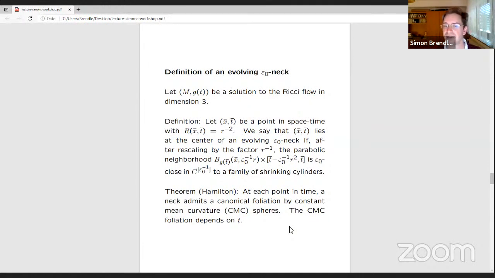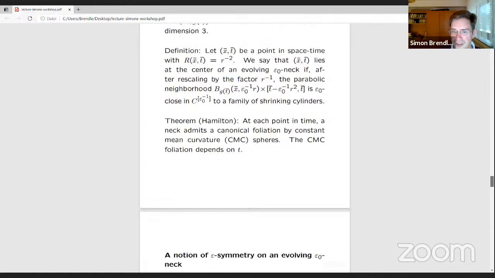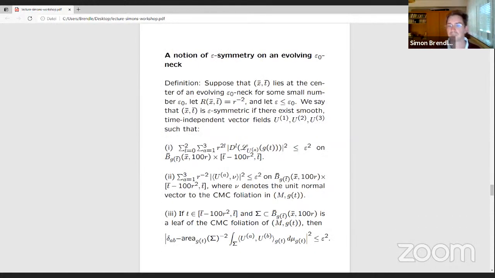That would be a region, a parabolic cylinder that after suitable rescaling is epsilon-0 close in C^(1/epsilon-0) norm to a family of shrinking cylinders. And let's also recall this basic fact from Hamilton's work that any such neck can be foliated by CNC spheres. So you have a kind of canonical foliation, but the foliation depends on time.